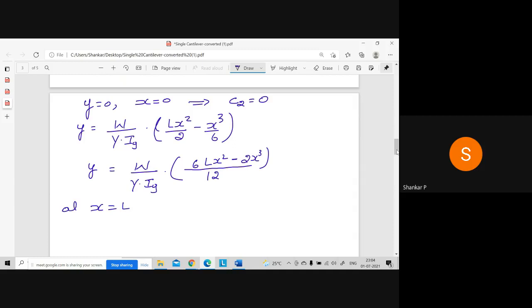At x is equal to L, that means the point P, if we shift to the free end, then the depression can be written as y naught.